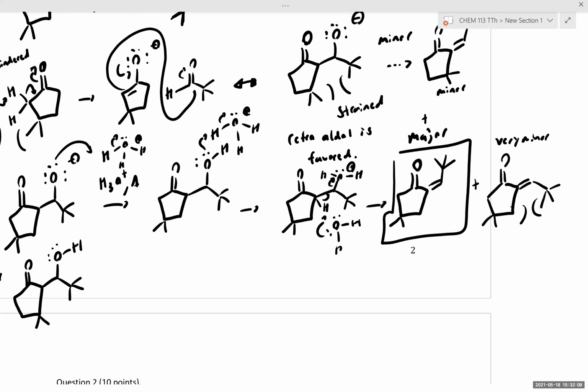This is just an odd quirk due to IUPAC and the definition of Z versus E and cis versus trans. Generally, when you form your alkene from dehydration, you want your alkene to be the least hindered alkene. You want to place your bulky substituents as far as possible from each other.